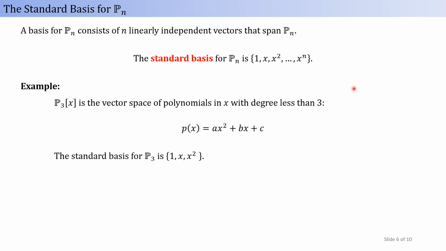The standard basis for this has 3 objects, 3 vectors. The first one is 1, then x, and x squared. They are 3 linearly independent vectors, and with any linear combination of those 3 vectors, you can make up any polynomial in the space. So you see why P3 refers to polynomials with degree less than 3: there are 3 things in the basis.